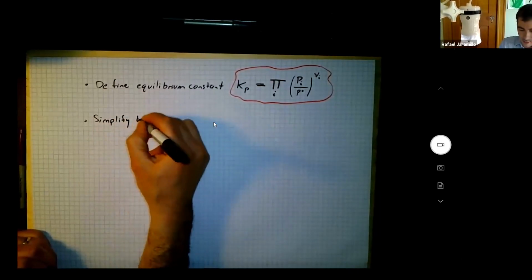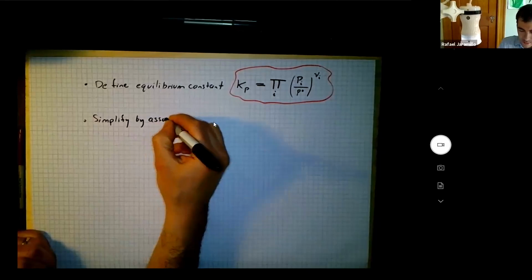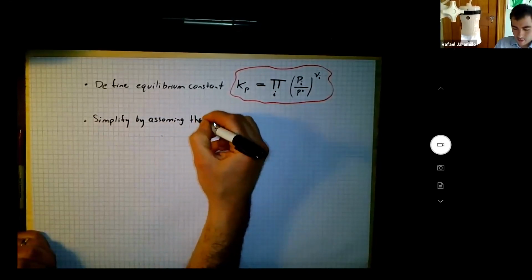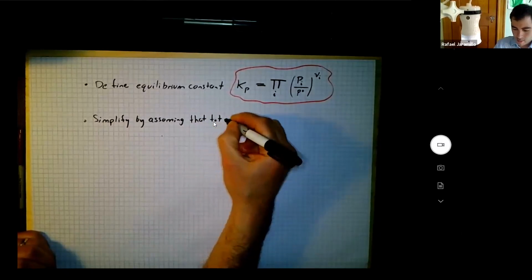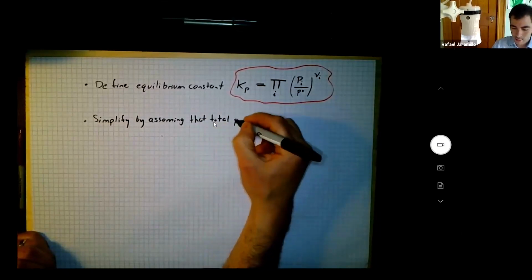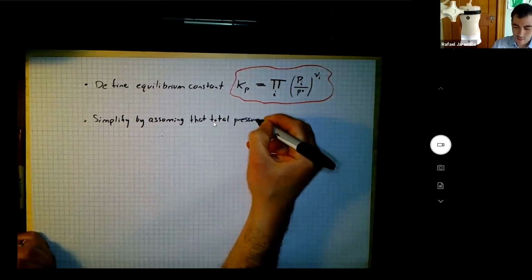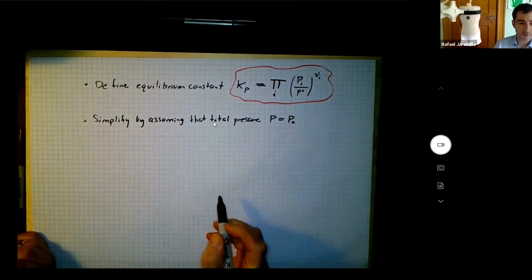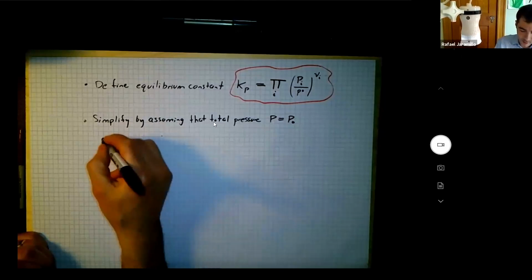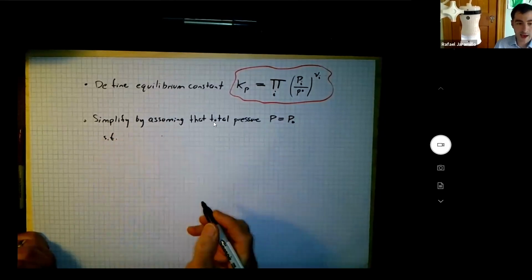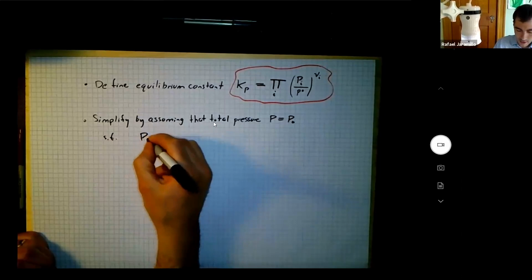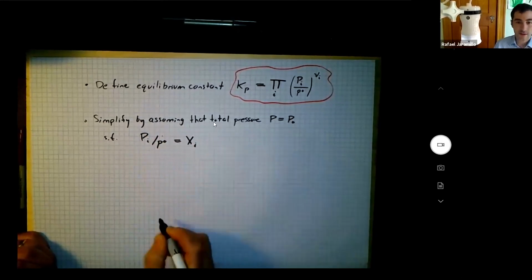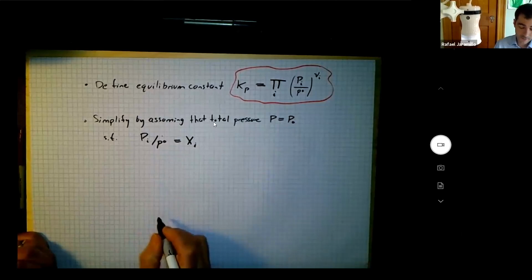Simplify by assuming that the total pressure is the reference pressure, so that P of i over P naught equals X of i, making that even simpler, again using Dalton's rule.